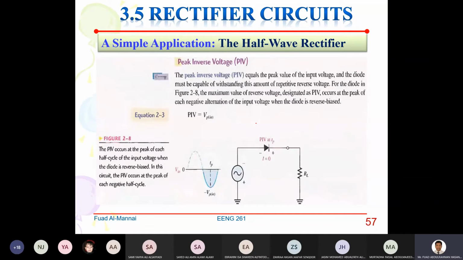You will find that the manufacturer will put PIV equal to, say, 30 volt, and the current I equal to, say, 2 amps. Make sure that when the manufacturer says PIV equal to 30 volts, your input voltage VS, its peak value, should not come close to 30 volt. Stay away from the 30 volt.